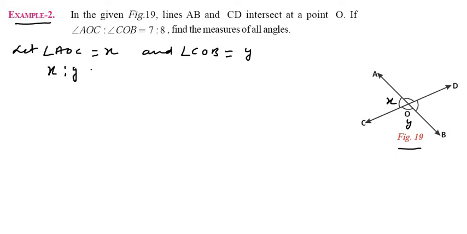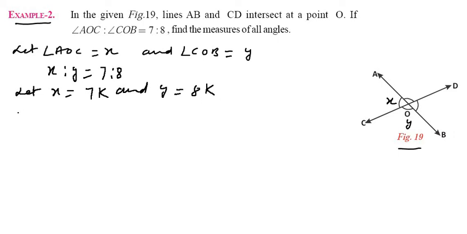So x to y is equal to 7 to 8. So let x equal to 7k and y equal to 8k. So what will happen by linear pair? By linear pair, angle sum x plus y is equal to 180 degrees.